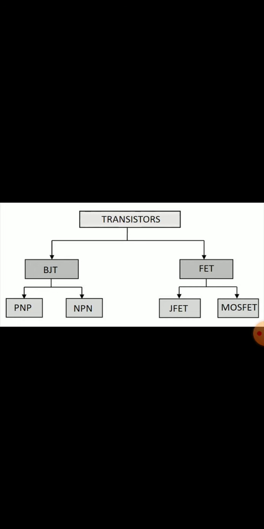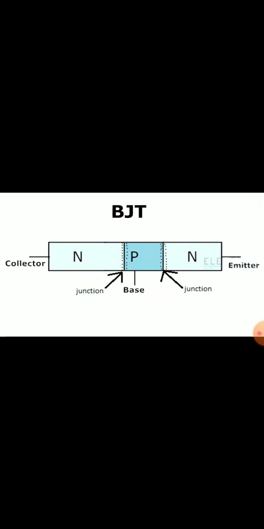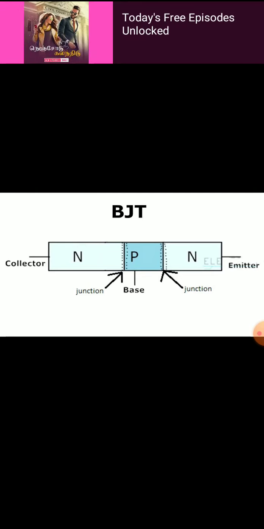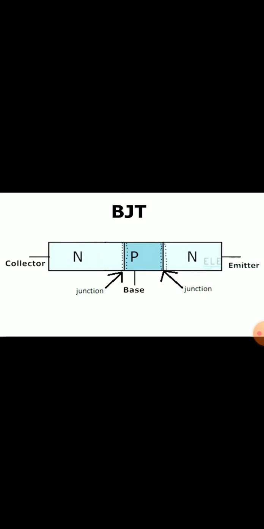Now we are going to see what is BJT, what is an NPN transistor and what is a PNP transistor. This is the BJT, the bipolar junction transistor. It is referred to as an NPN transistor. A P region is sandwiched between two N regions.